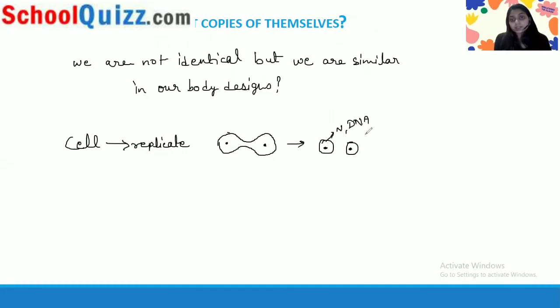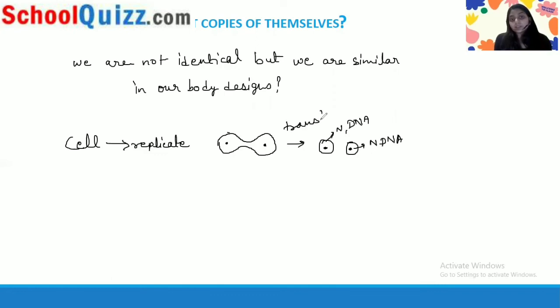When the cell divides, the DNA also divides in both cells, so the information is also transferred.